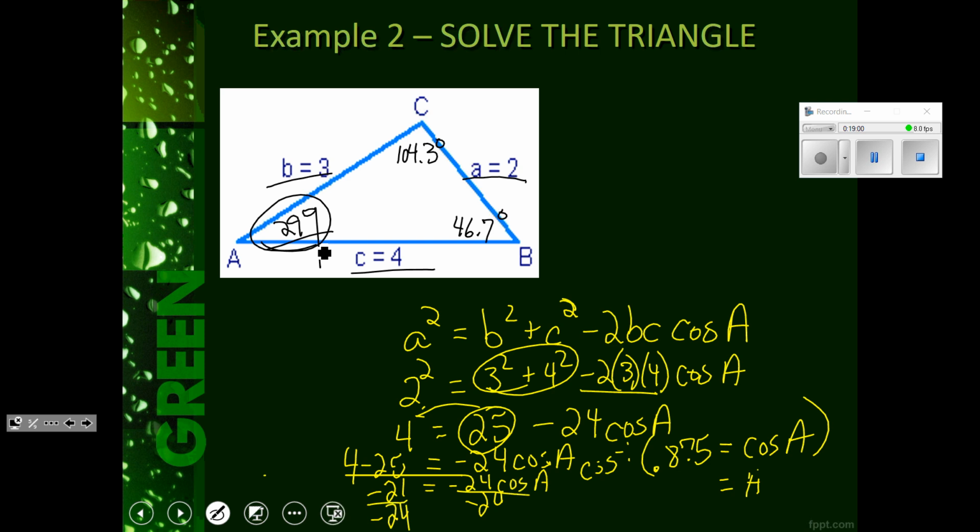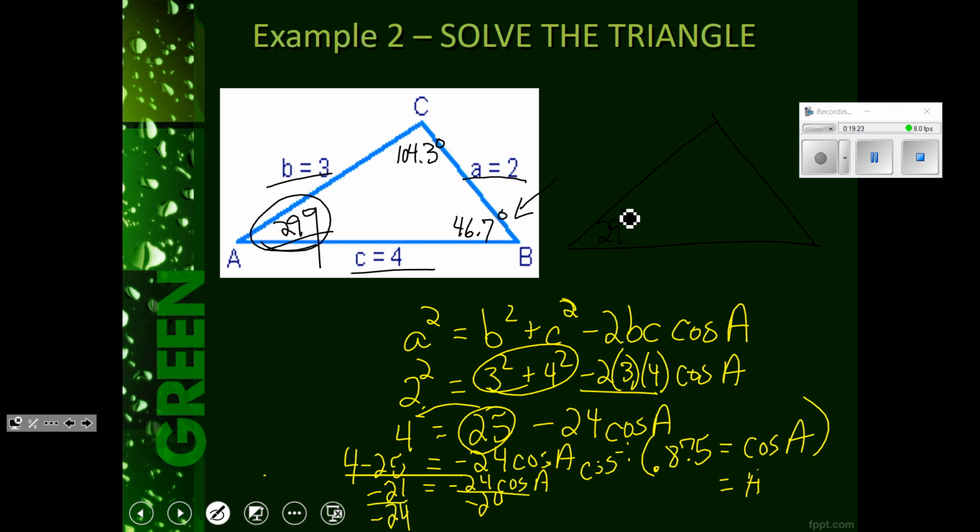So we found option A, our angle is 46.7, right? Let's go to option B. We have the 29. Does that make sense? You got to use what you first found using law of cosines. Okay, that ambiguous case only comes from when you start the law of sines.